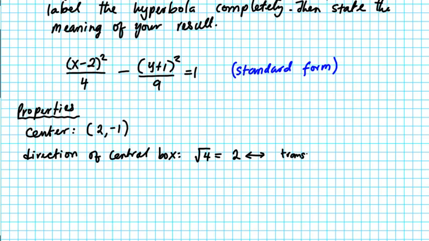And then square root of 9 is 3, and that's going to go up and down. Since it's minus, this is going to be the imaginary axis. You can also call this the real one because it's positive, and then the minus 1 is imaginary.